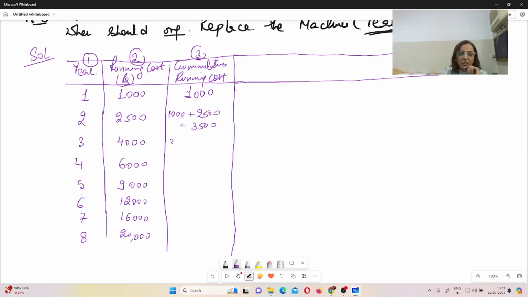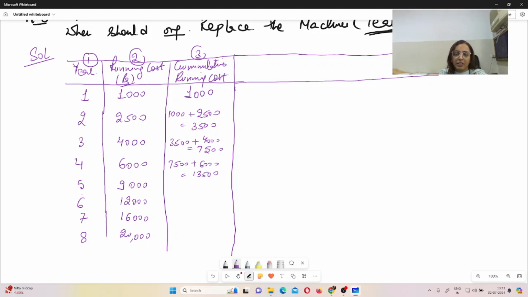Same with the next year: 3,500 rupees plus 4,000, so the total expense will be 7,500. In the fourth year, when 6,000 more is incurred, 7,500 plus 6,000 gives a total of 13,500. This is the way you find the cumulative value, just totaling all the figures together.